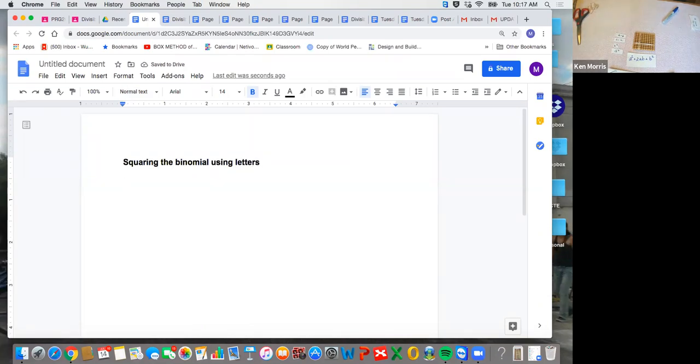The four pieces are A squared plus B squared, those are my two squares, plus A times B plus B times A. And I can certainly combine the AB plus the BA so that my final formula is, I'm going to rearrange it just a little bit, A squared plus 2AB plus B squared.